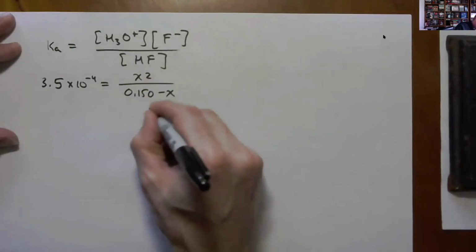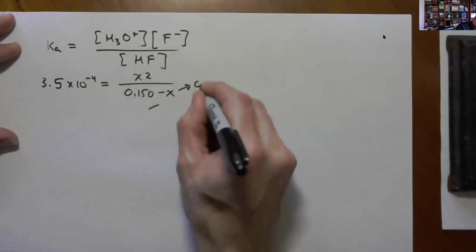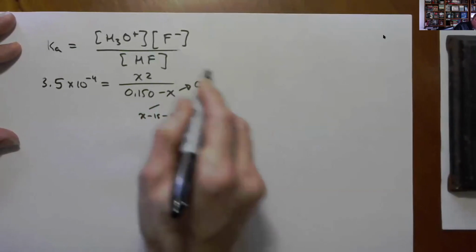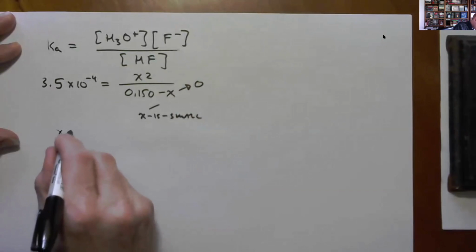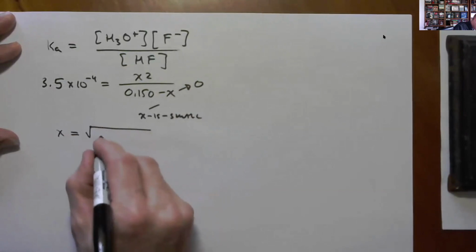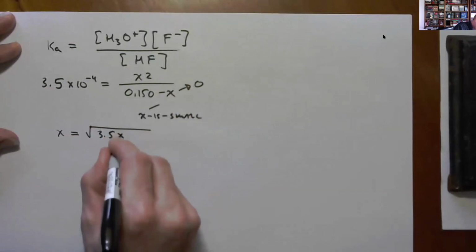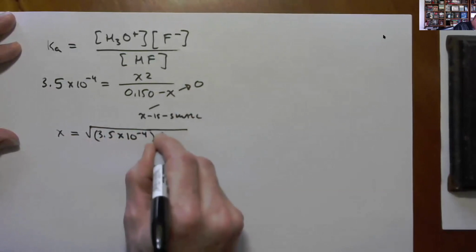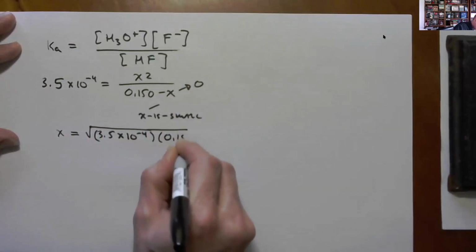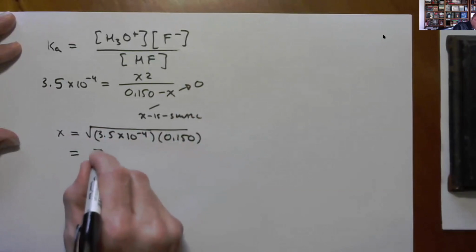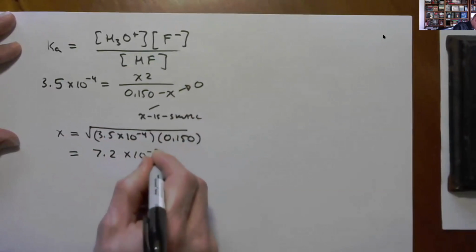And we will go ahead and make the x is small approximation. And rearranging this, we find that x is equal to the square root of 3.5 times 10 to the minus 4 times the concentration. And this winds up giving us 7.2 times 10 to the minus 3.